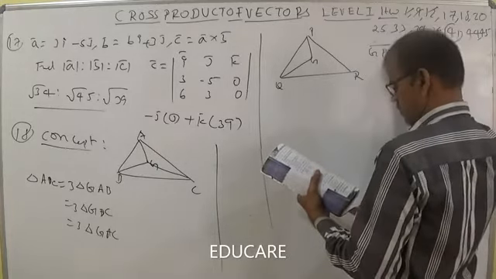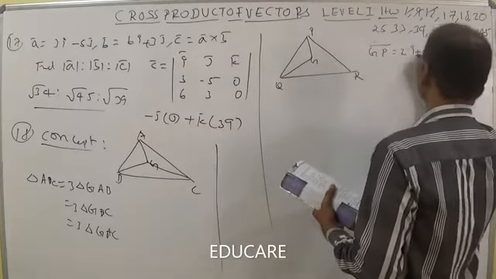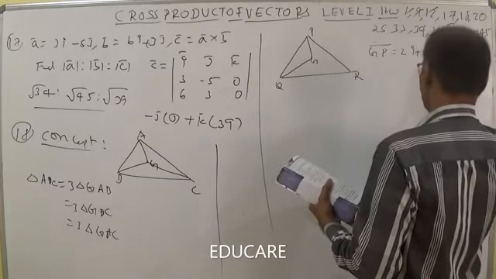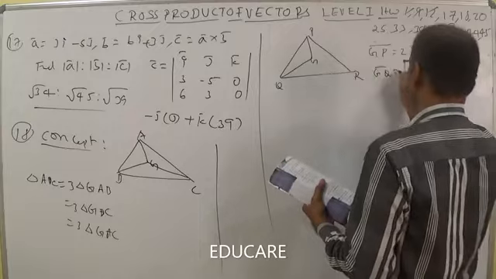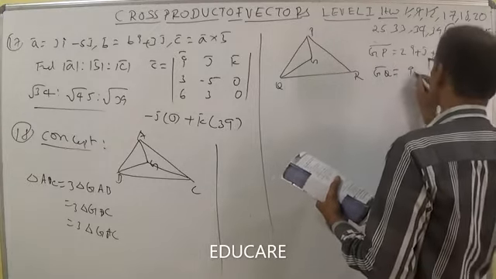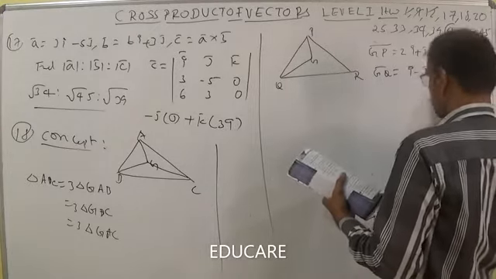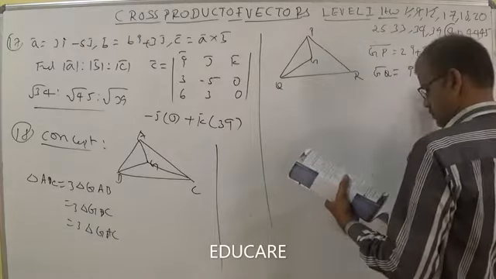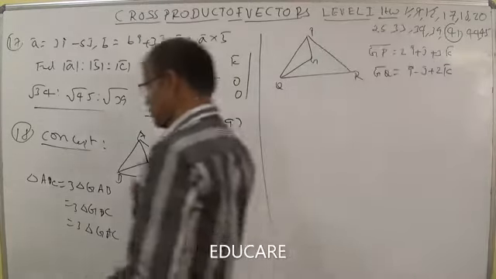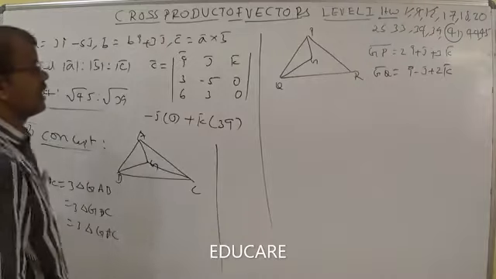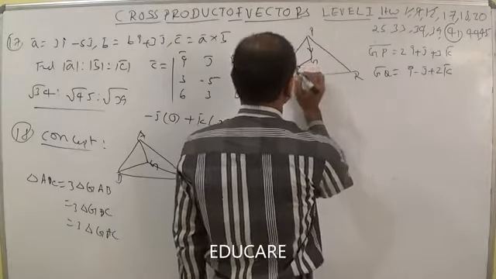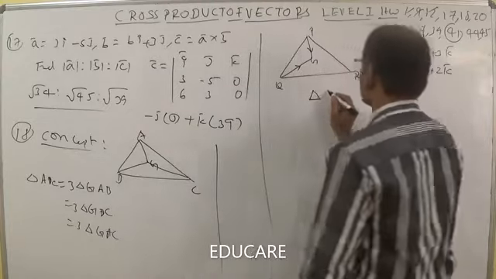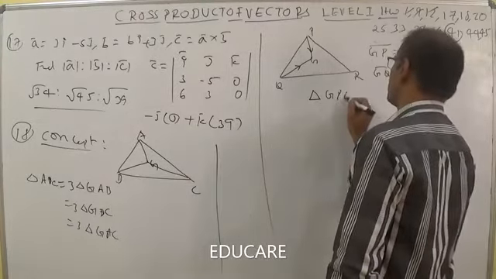GP vector is given as GP is equal to 2I plus J plus 3K. Next GQ is given: GQ is equal to I minus J plus 2K. Then the area of triangle PQR is asked. So you should calculate the area of GP cross GQ, this one. Area of, I am writing here, area of GPQ.